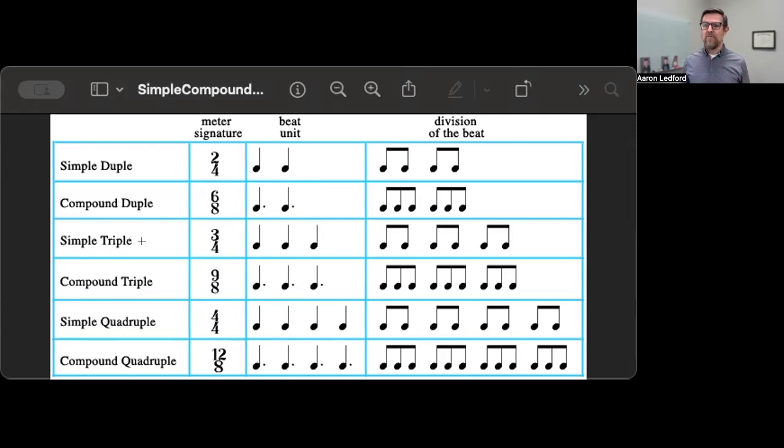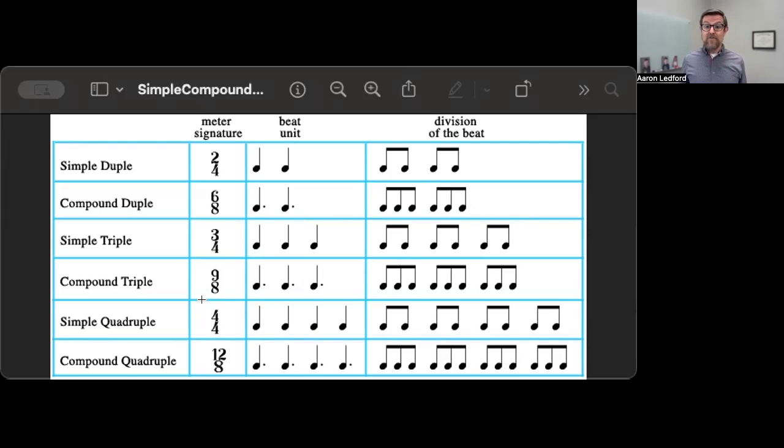That's compound duple. Next is simple triple, or 3/4, represented on the chart by these three quarter notes: one, two, three. Or if you were to divide that out, since it's simple time, we'll still use eighth notes, but remember it's just half a beat each: one and two and three and.